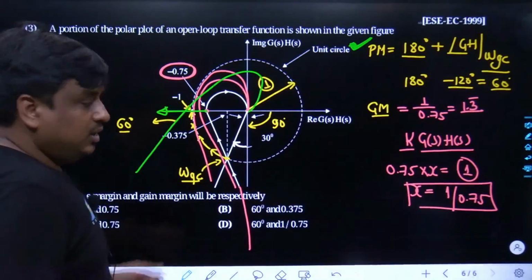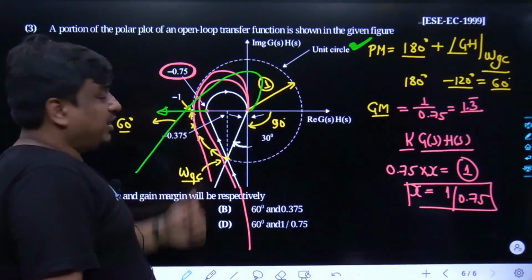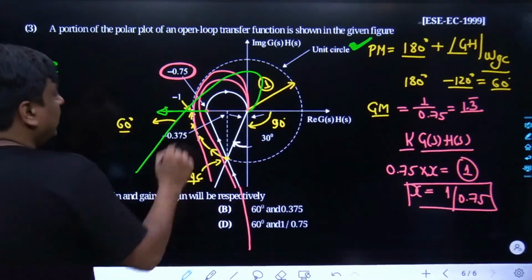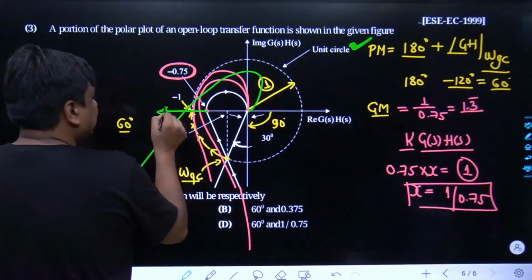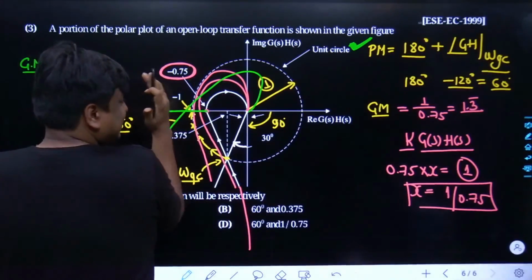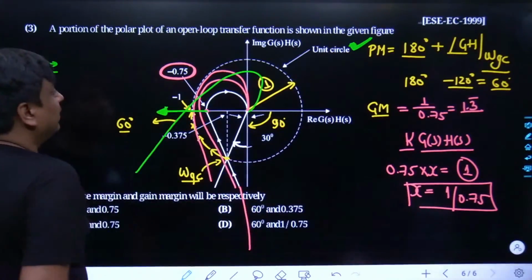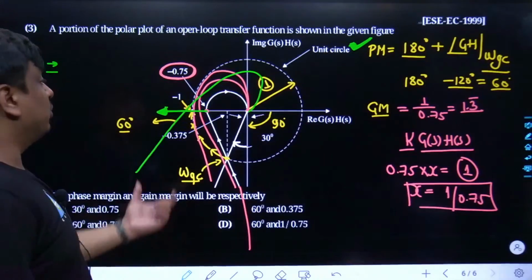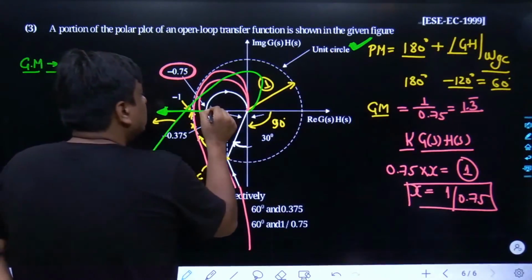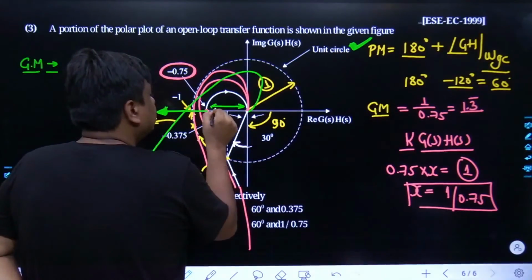How much dislocation is possible such that the system reaches the verge of its instability? So I would just calculate the distance from the origin.